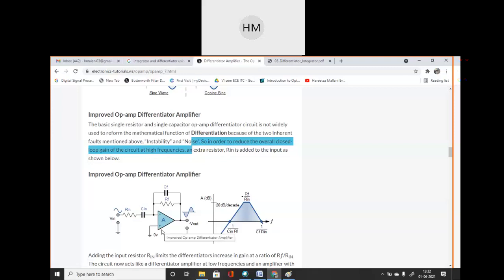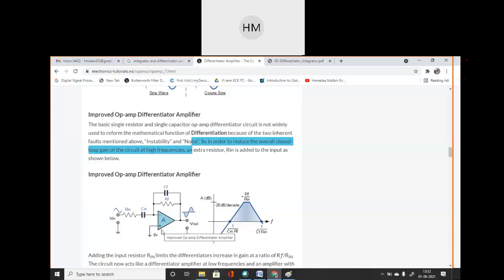So what I did to reduce this instability: at the input side, I'm connecting one resistance Rin. And to reduce the noise, I'm connecting one capacitor in the feedback circuit. So we have changed R1 and CF.